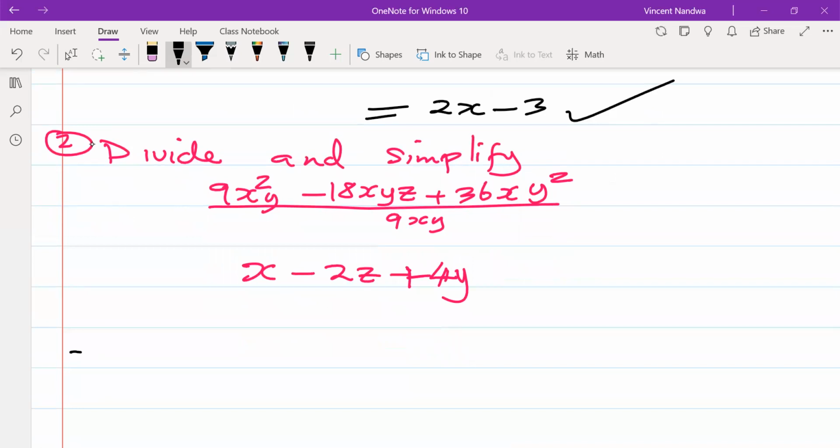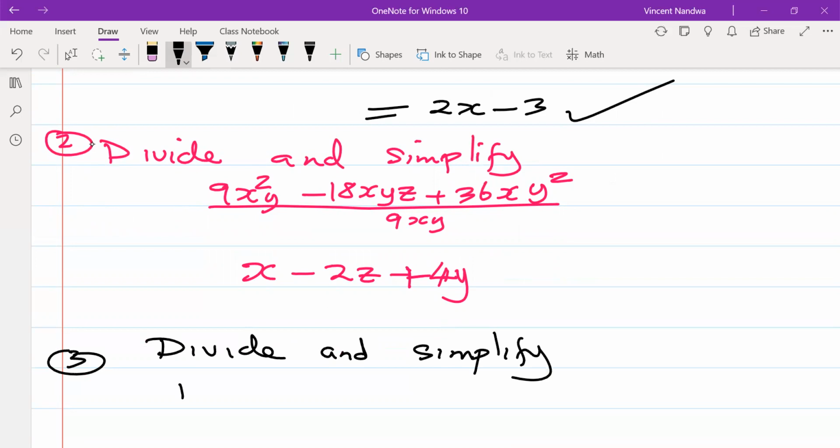Number 3. Divide and simplify 14(x plus y) to the power 5 minus 6.